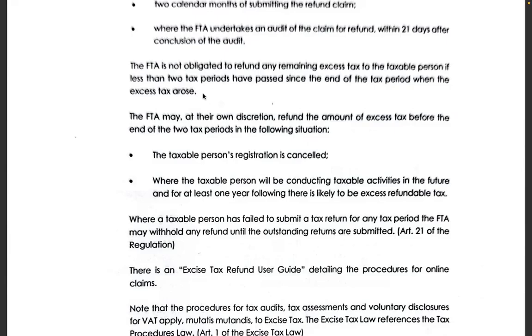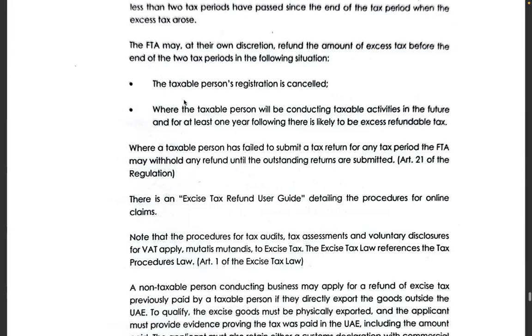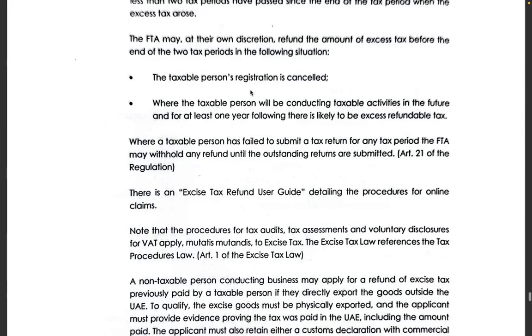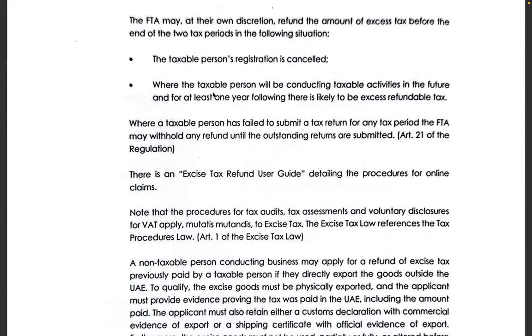In the following situations it can be refunded. The taxable person's registration is cancelled, where the taxable person will not be conducting taxable activities in the future.